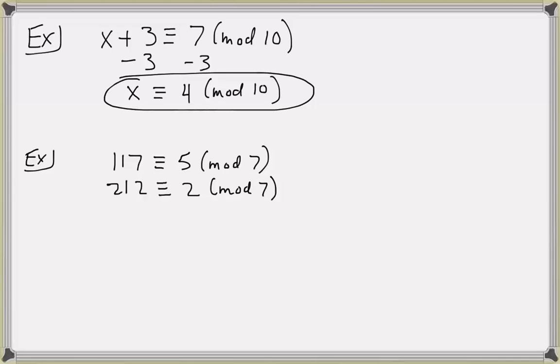So look at this expression. What is 117 times 212 congruent to mod 7? Well, instead of multiplying these two larger numbers together, we can just say this is congruent to 5 times 2 mod 7, which is 10.